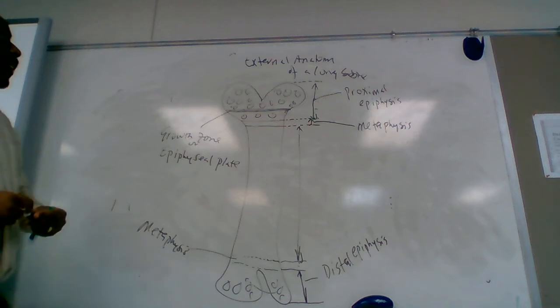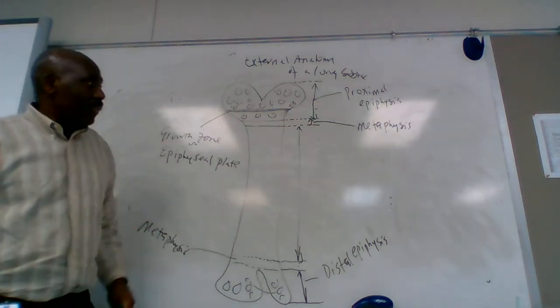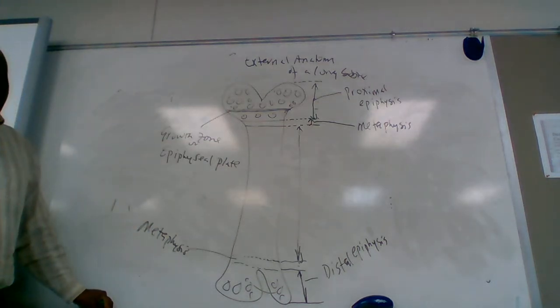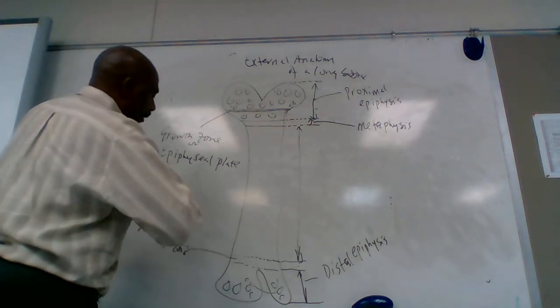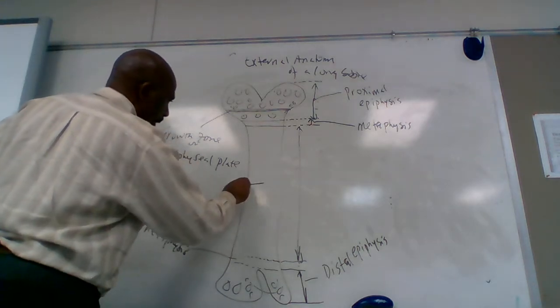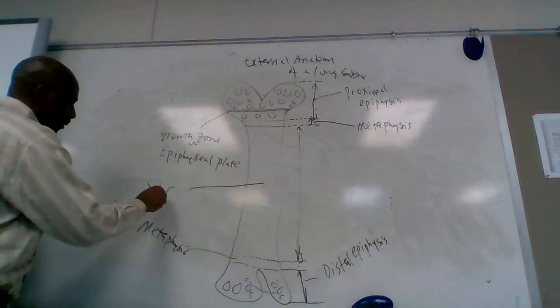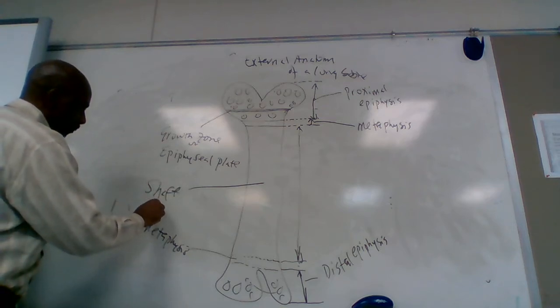When the bone is growing, this is where the growth actually takes place. Then we're going to have a shaft right in here, a shaft with marrow.